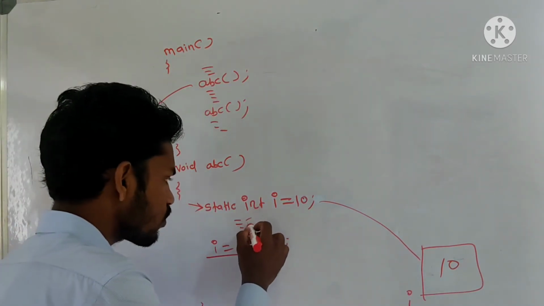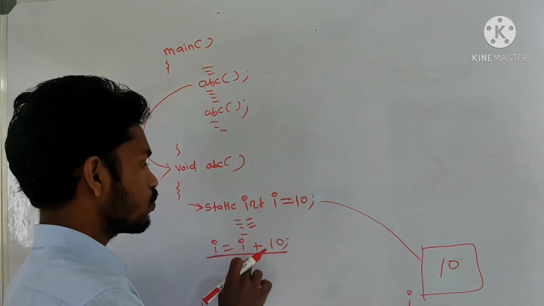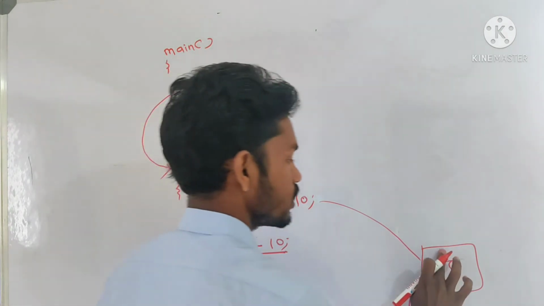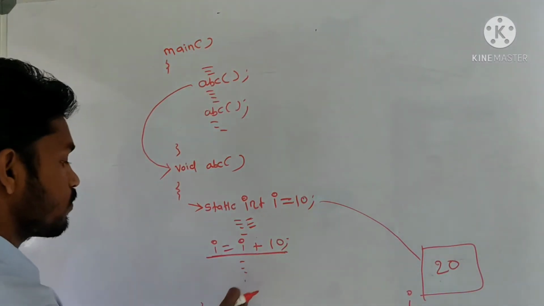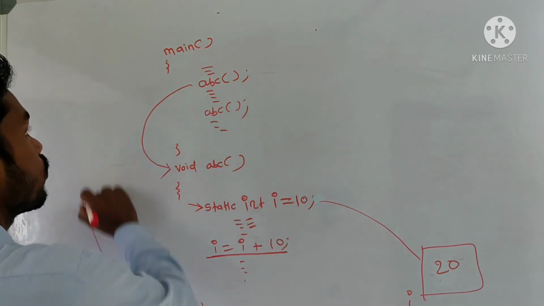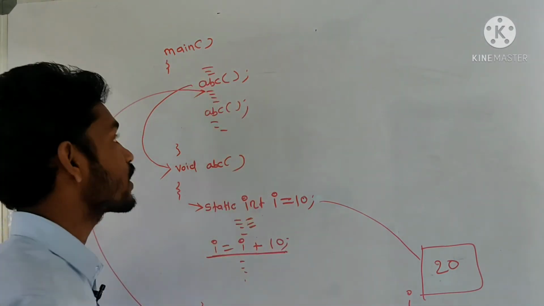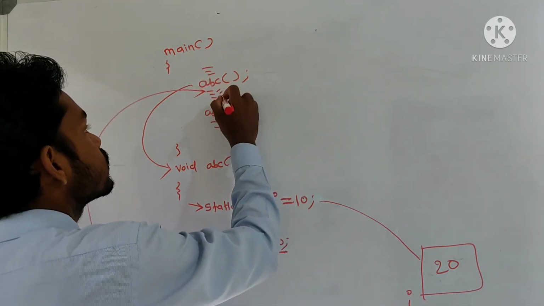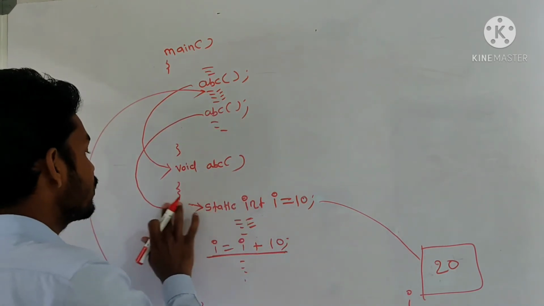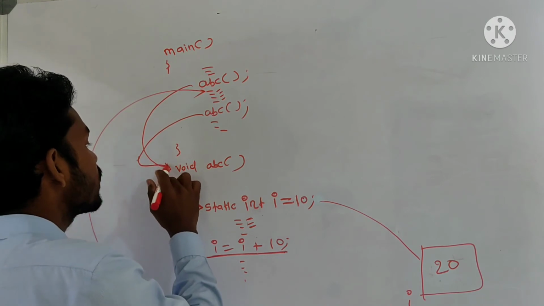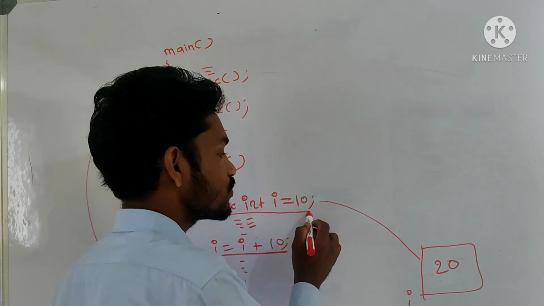After doing certain operations, i equals i plus 10, that is 10 plus 10, so it becomes 20. Then when the main function calls abc again, these initialization instructions will not execute.